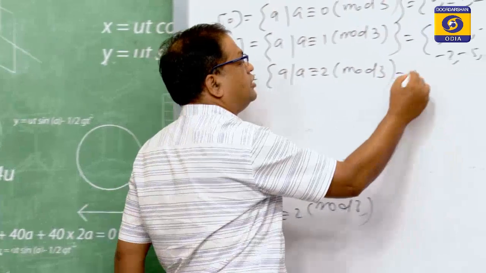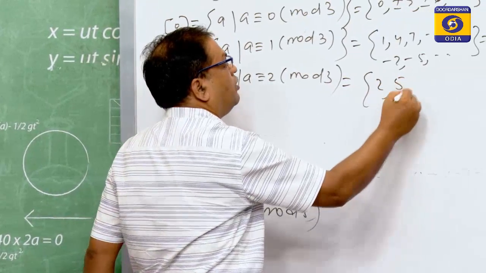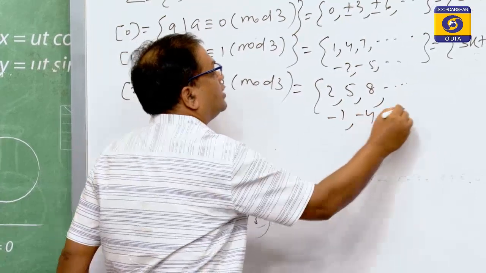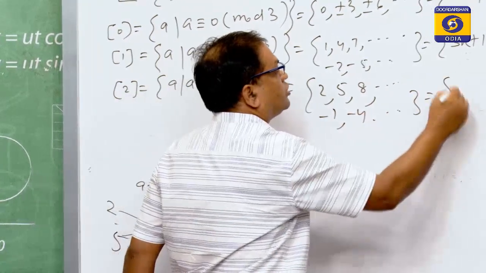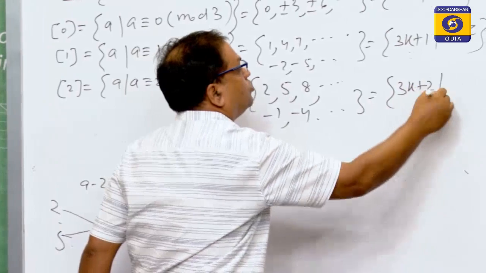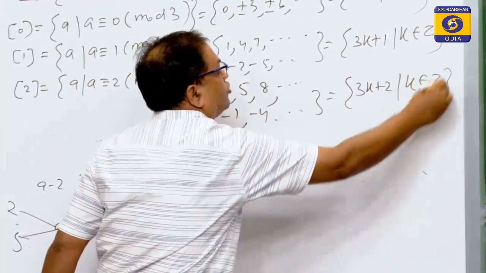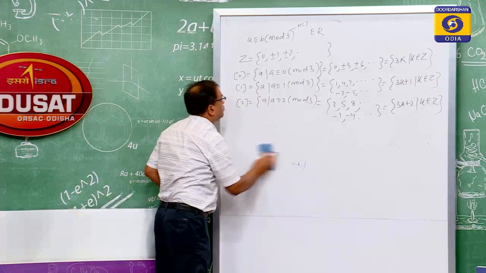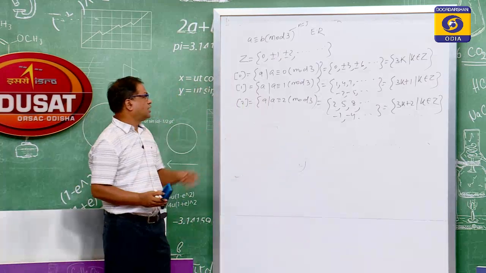You will get integers of the form 2, 5, 8, minus 1, minus 4 like this, and these are the integers of the form 3k plus 2, k belongs to Z. So, here we have got 3 equivalence classes.